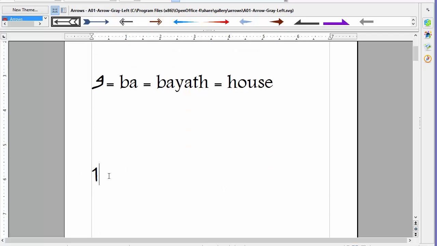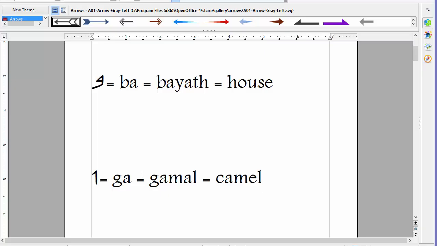Okay, now going down to the next one, I got to keep clicking on this. The next one is the ga. Now the Hebrew letter ga comes from the Hebrew word gamal, which means camel, and you have a character in the Bible by the name of Gamaliel, which means camel of the power, camel of God.